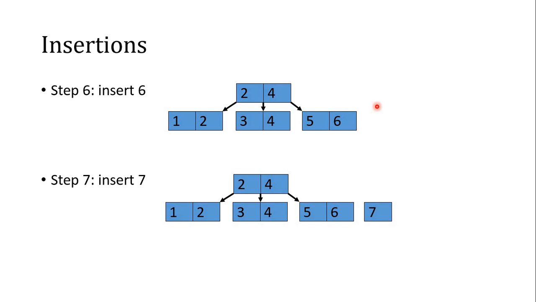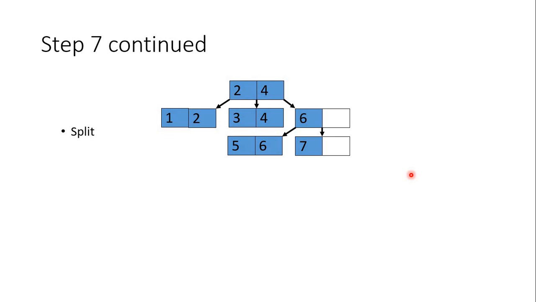Then whenever we want to insert 7, you see that there is no place in this node, so you have to split again and move up. Whenever we split and move up, 6 will go up, and it will create another node. So we will split here: 5, 6, 7.